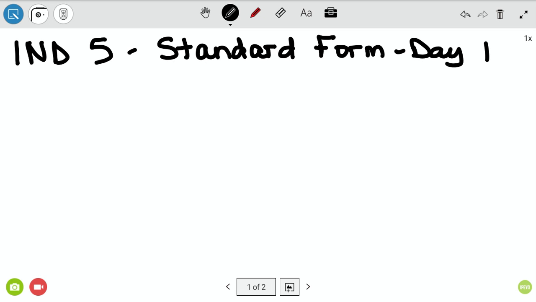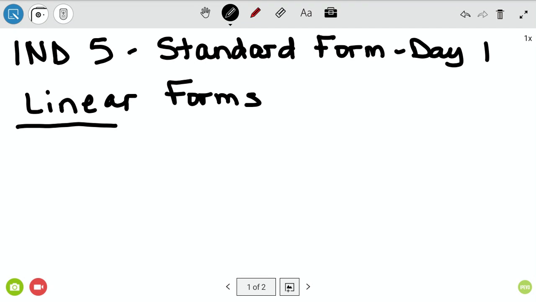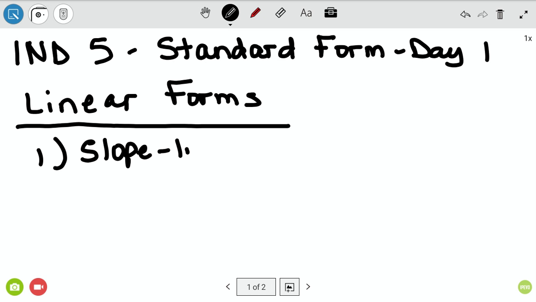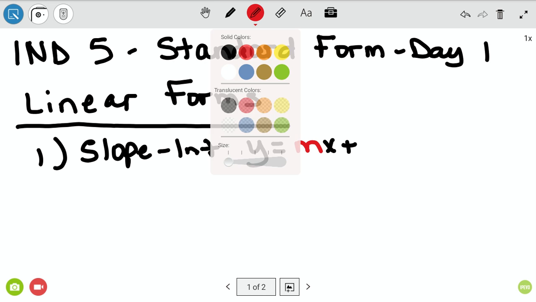All right, so a couple things about standard form. If you'll notice, our 3 linear forms that we have talked about so far. Linear means, what does it graph? It graphs a line. So our 3 linear forms that we're dealing with is one, we had our, and I'm just going to abbreviate here, slope-intercept form, which we just got done spending several days on, and that is y equals mx plus b.